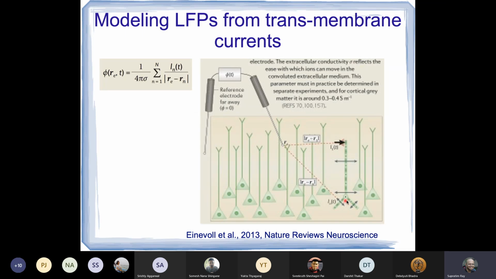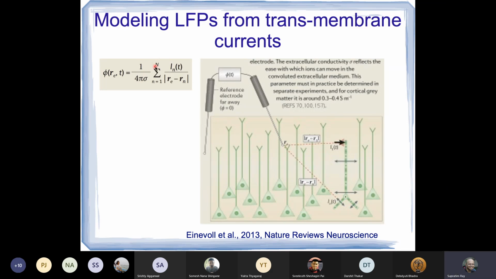And then each of these currents is going to contribute a single term, and the total potential from that one neuron is the sum of all these. Notice if the neuron was very, very small.